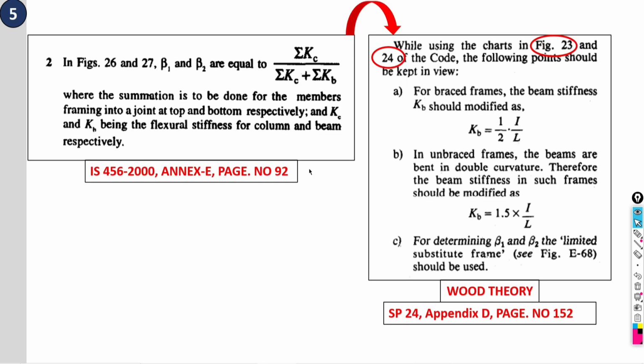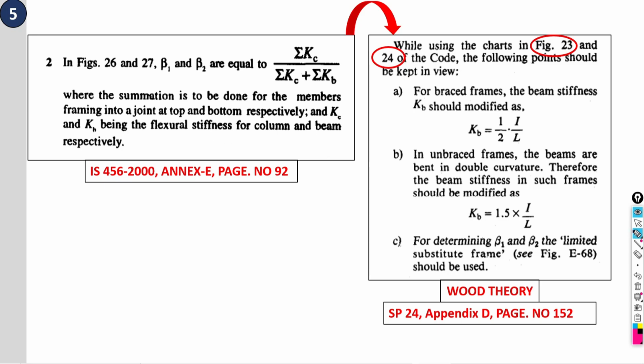So, summation of the stiffness of the columns at a particular joint: two columns, one from above and one from below. For the beams, in one direction two beams are coming. This is what is actually given here, flexural.